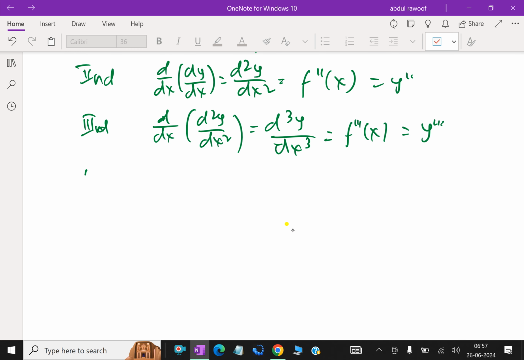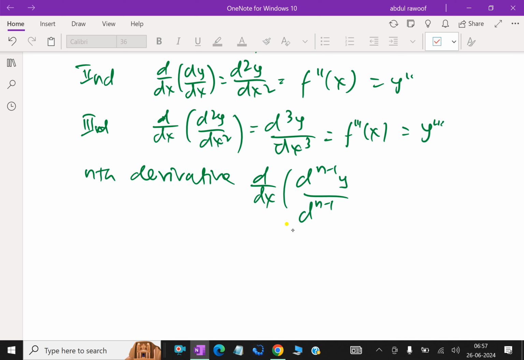Further, the nth derivative we can represent generally as d by dx of d power n minus 1 y over dx power n minus 1. This we can represent as f power n of x or y power n.